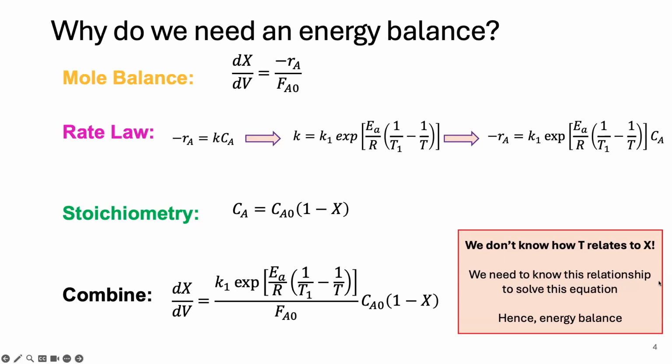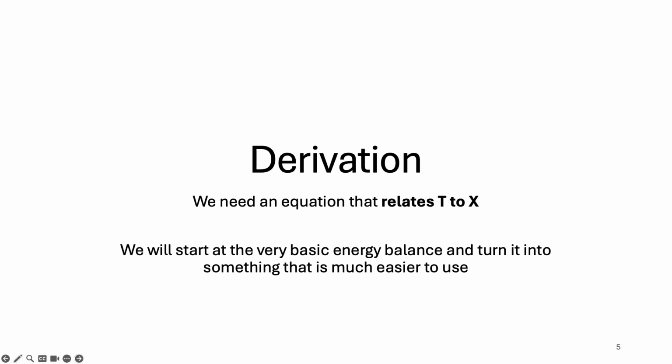And we'll do this by developing and applying an energy balance on our PFR as well as other types of reactors. So we need to derive an equation that relates temperature to conversion. So we'll start with a basic energy balance, and then we'll convert that into something that's a bit easier to use and consider a few different scenarios.